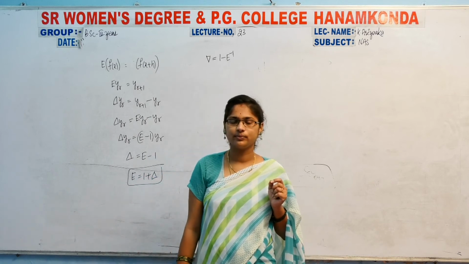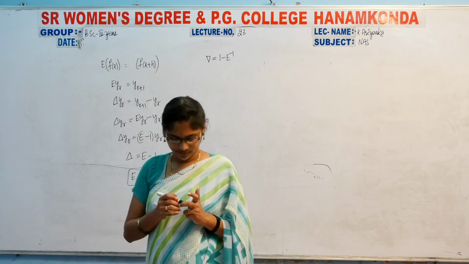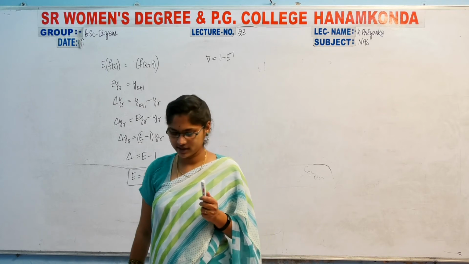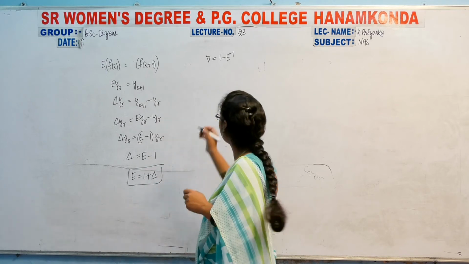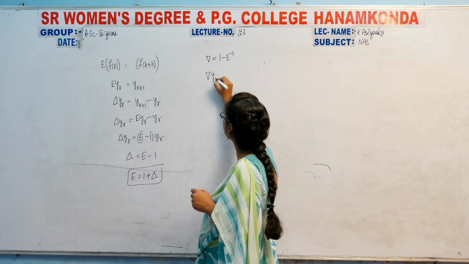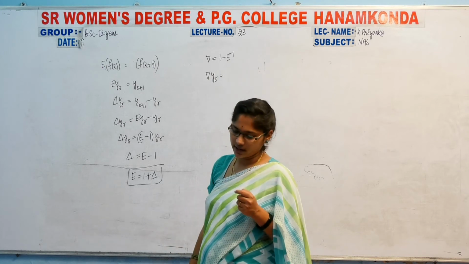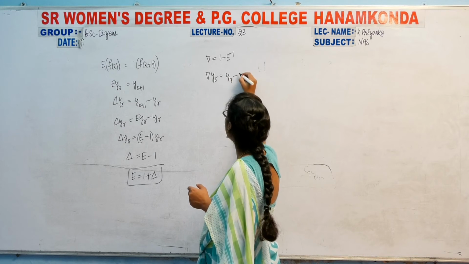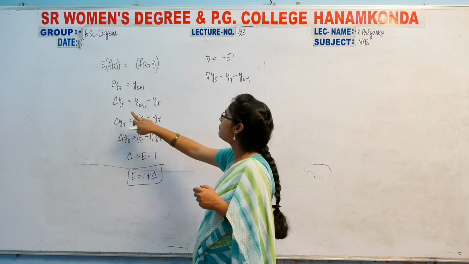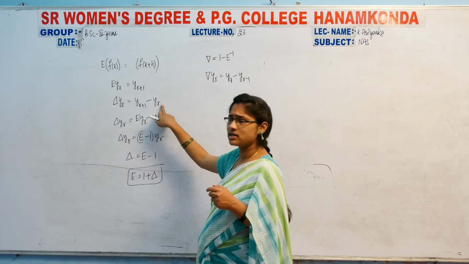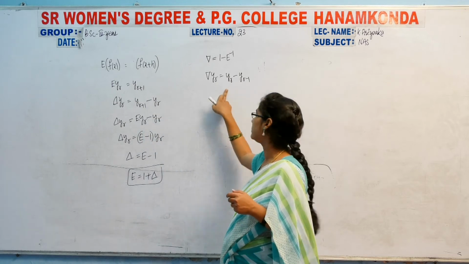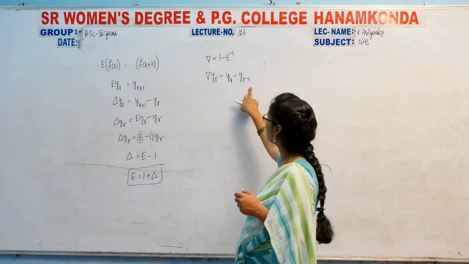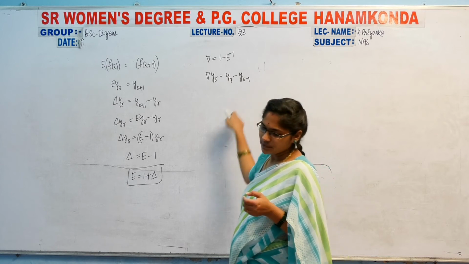We know that the first order backward difference is, what is the formula I gave? Backward y r is equal to y r minus y r minus 1. For the forward, it is y r plus 1 minus y r, and for the backward, firstly we will get y r, after that y r minus 1.